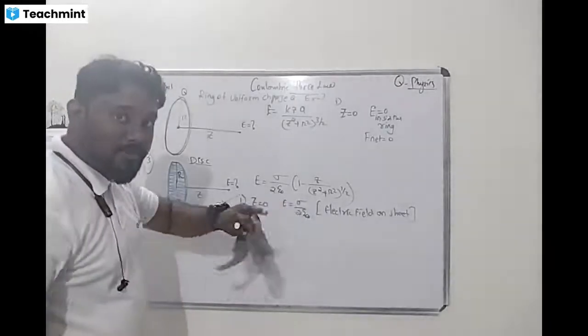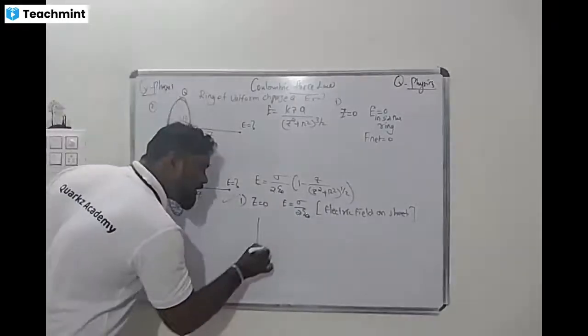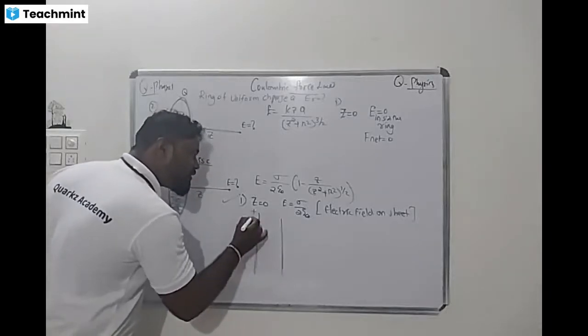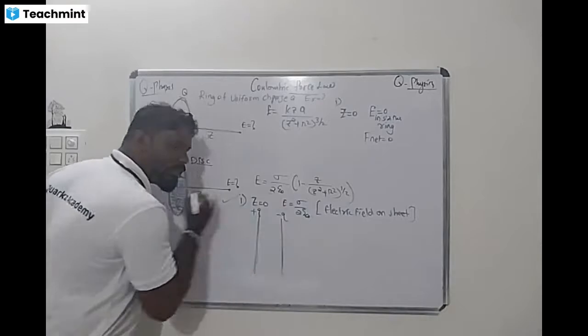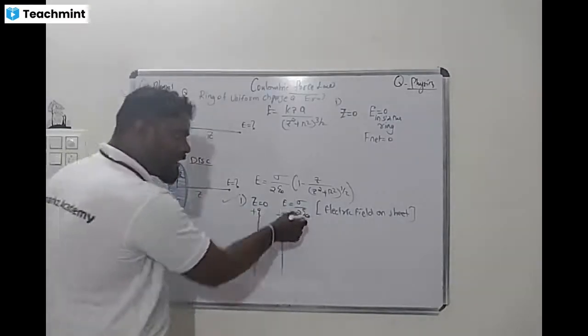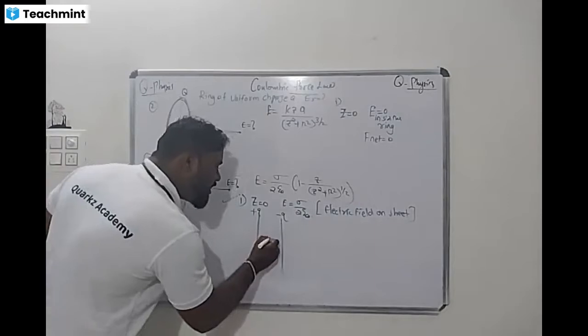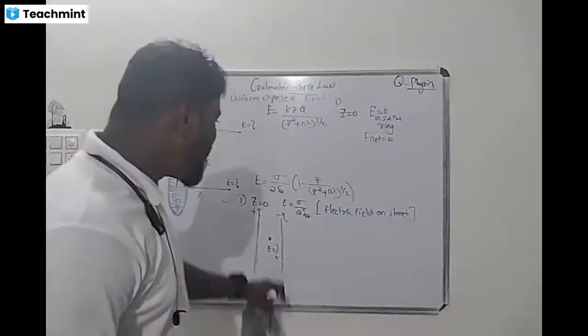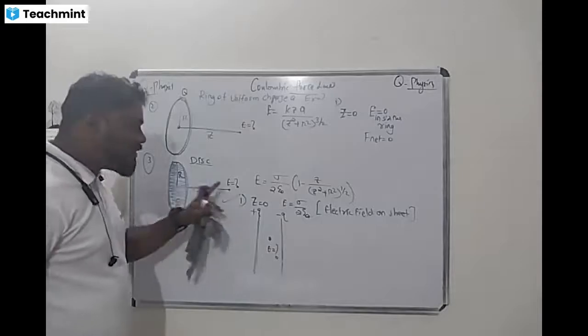Now look, understand the final concept here. Now I have taken two sheets. One sheet has a positive charge Q, and this one has a negative charge Q. Understand this one. I am considering the electric field in between, so I am going to calculate the electric field between the two sheets. For one sheet, what is the value?